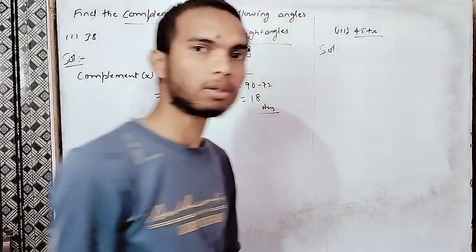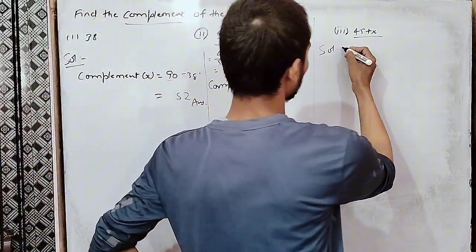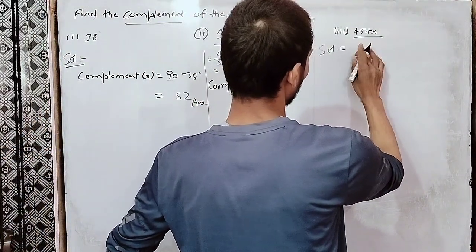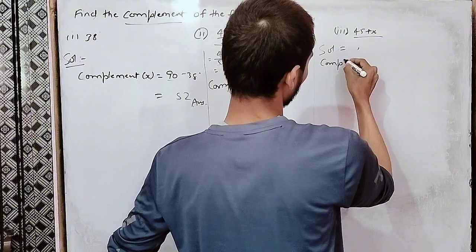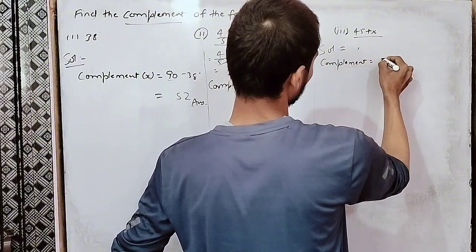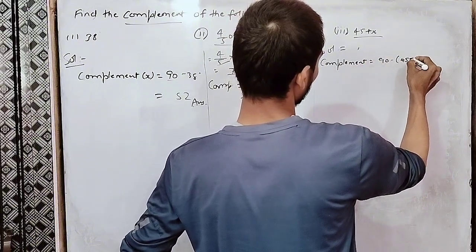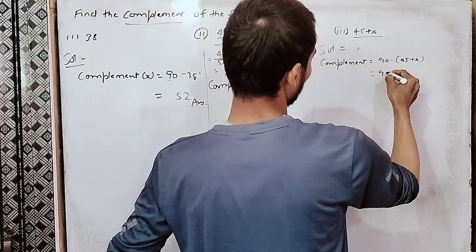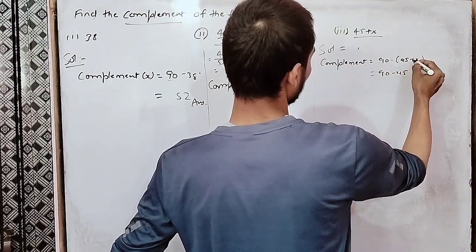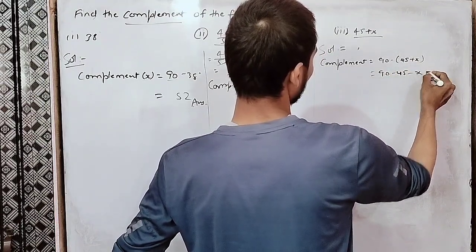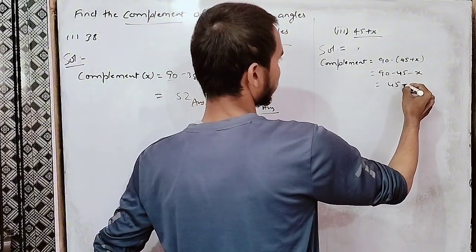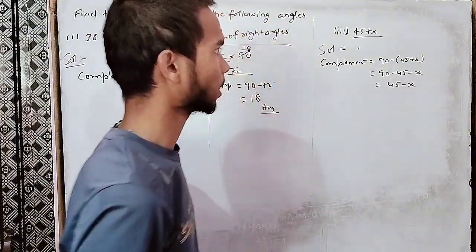This is the value of the first angle. So the complement is 90 minus 45 plus x, which is 45 minus x.